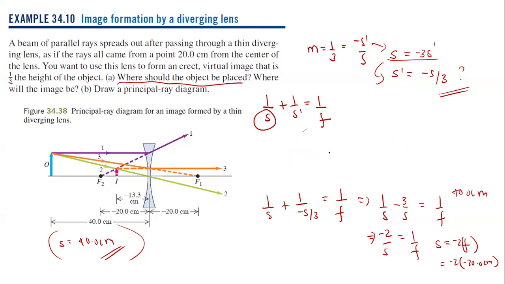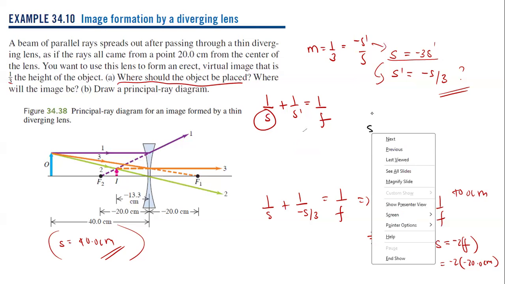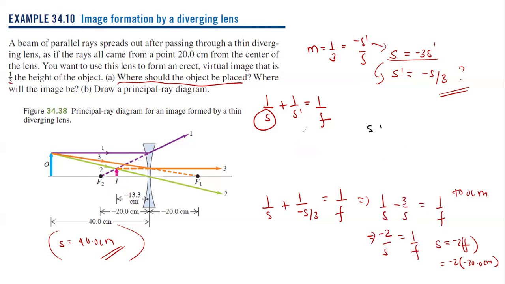The image s prime is just equal to negative 40 centimeters over 3, where s is equal to 40 centimeters. So negative 13.3 centimeters. So this is the location.